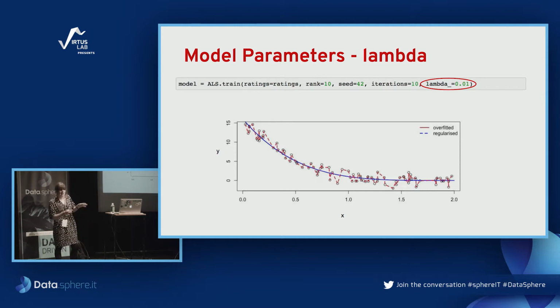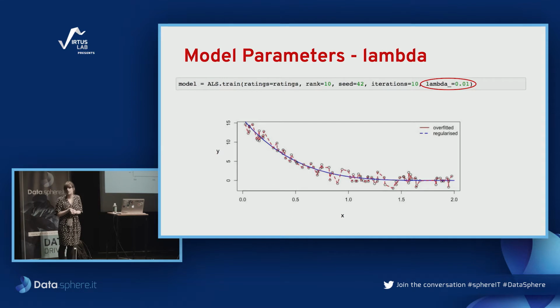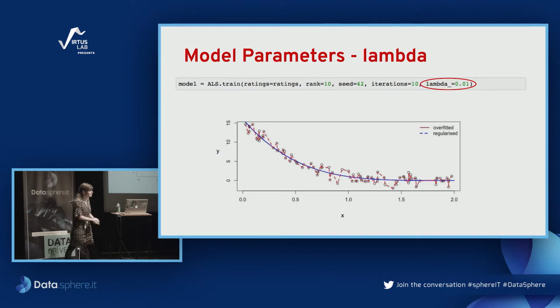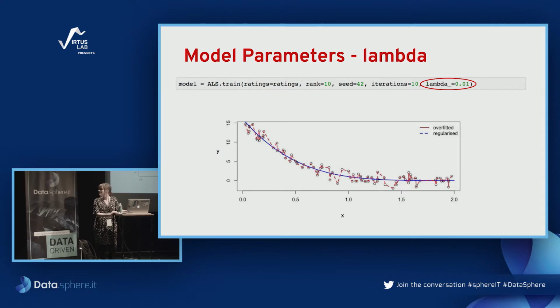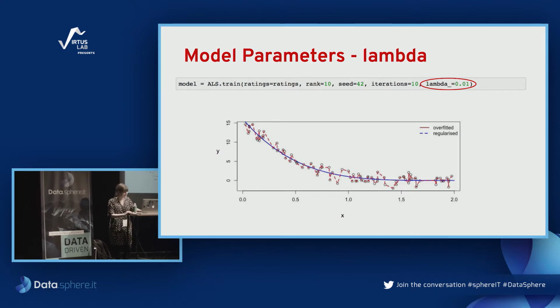So in a similar vein here, we've got some data points given by the circles, and the true model we'd like to fit is that blue line. But if we're not careful, we'll interpolate those points and return the red line. So lambda is a regularization parameter, which prevents the overfitting. Later I'll talk about how to select the parameters initially, and I think Rui's going to give us some insight into how we keep them updated.